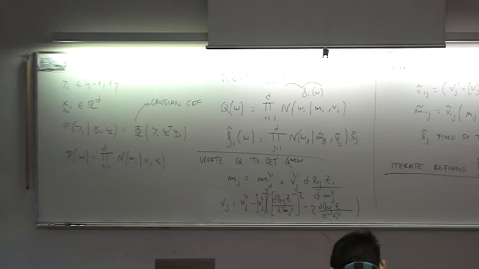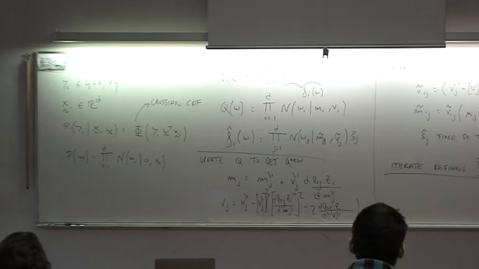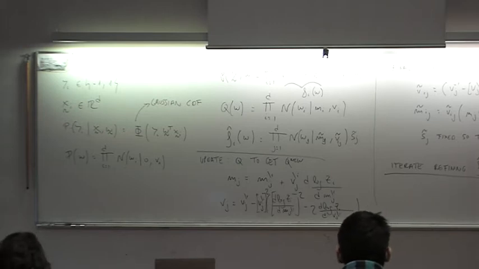You just have to do it would be the integral. It would be the normalization constant of these two Gaussians times Z_i, sorry, this is Sj.